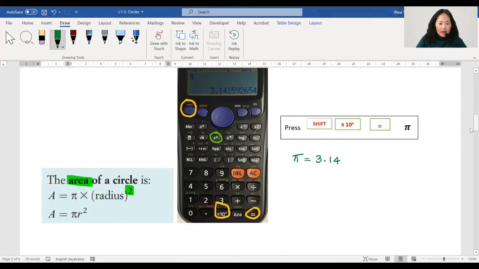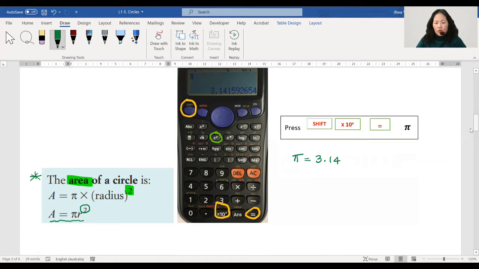The area of a circle is, capital A stands for area, equals pi times radius squared, and simplifies to A equals pi r squared. Now just remember, because it's area, how are we going to remember? Square. Square is area.